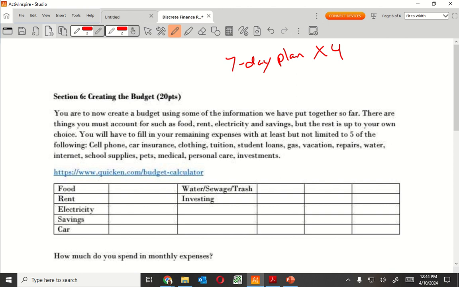Okay, anyone actually have their 7-day plan nearby? What'd you get on it? Nick, I know you're not watching YouTube videos right now, unless it's mine. I had a total of $272.76.